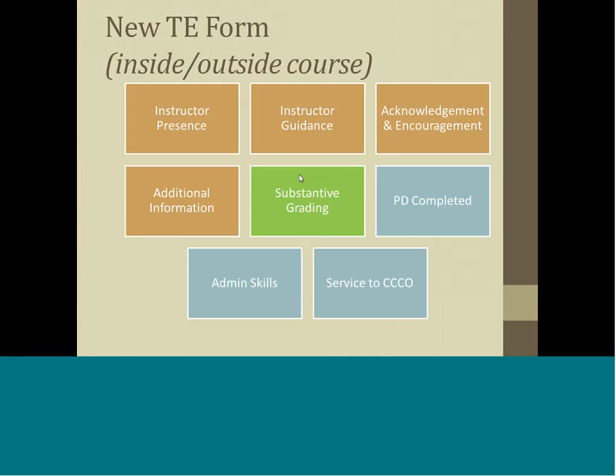But there's no specific performance expectation in that category that an instructor has to provide a certain amount of service to CCCOnline. Right. I think this form is just a way for the chair to keep track of the accomplishments of the instructor for the year, so those don't get lost in the shuffle. So I think really that's where that request from the chairs came from. It would really be nice to have a form so we can keep track of all our instructors and make sure that we do give them credit for the good work they're doing.